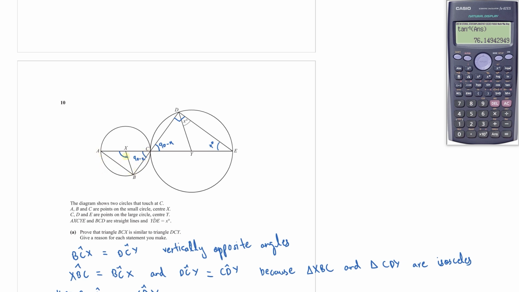And both angles BXA and BCX are subtended by this same arc. So this arc makes this angle at the center, whereas it makes this angle at the circumference. We know that the angle at center is twice the angle at circumference.